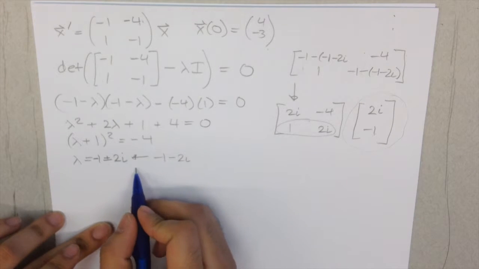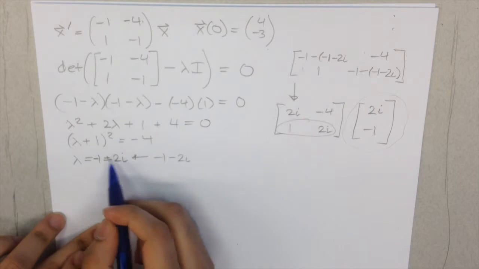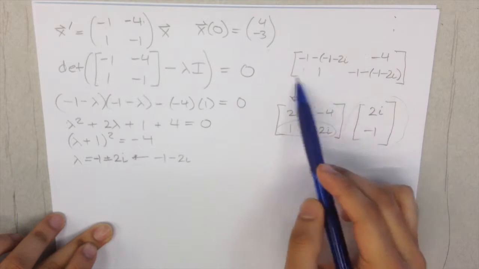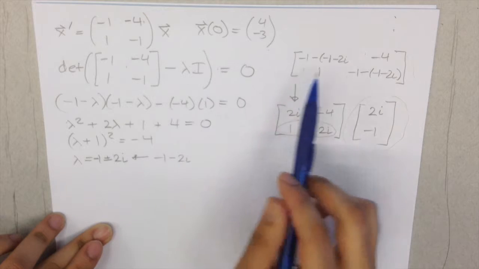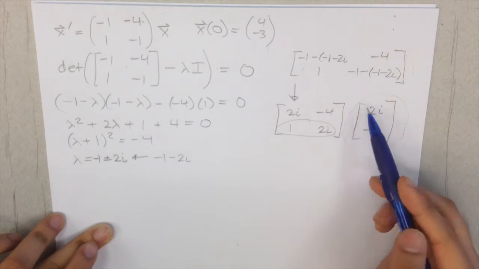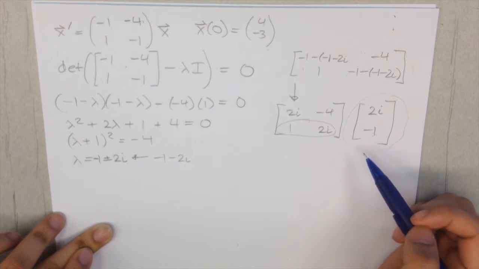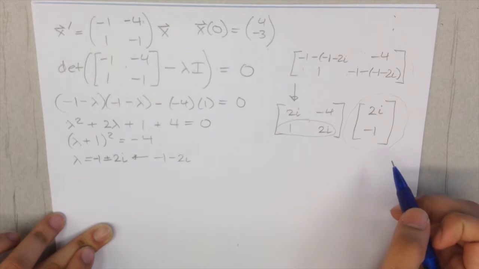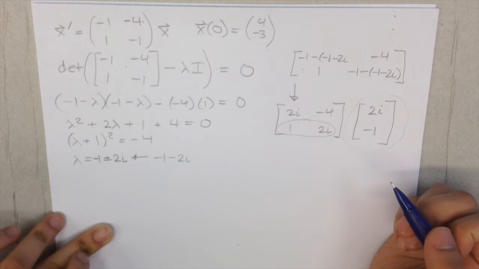Now, the reason I chose one complex conjugate of my two eigenvalues, and only evaluated the matrix A minus lambda I at that one eigenvalue and found one eigenvector, was because you only need one of the two eigenvalues in the complex conjugate pair to actually get your solution.